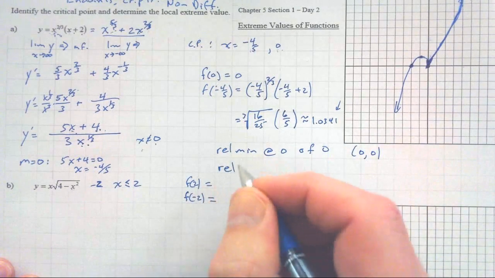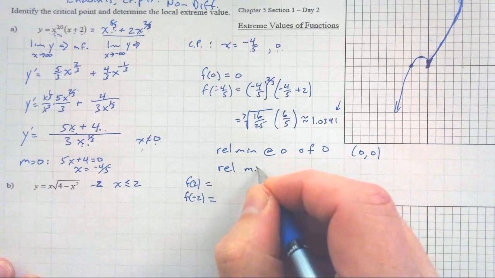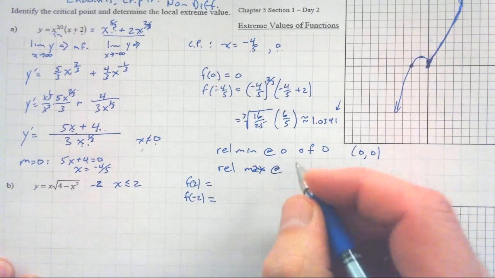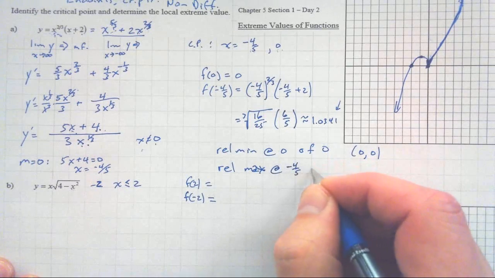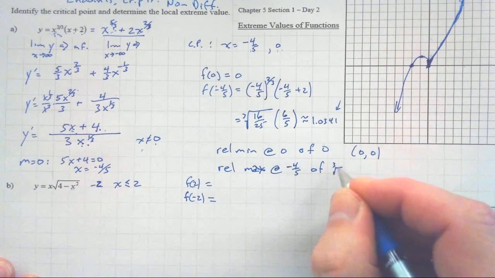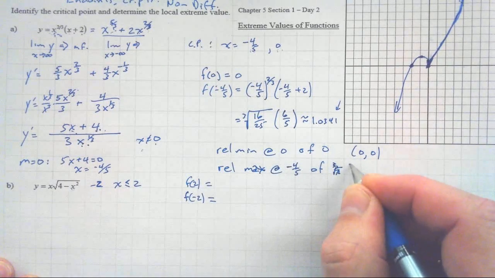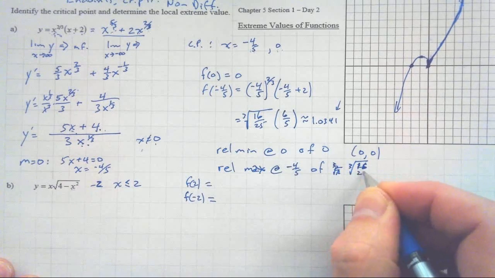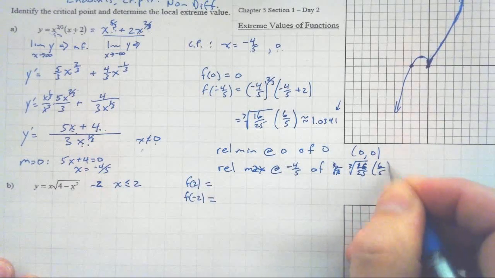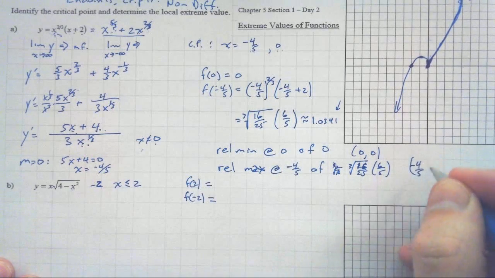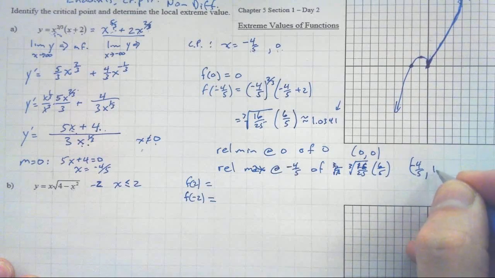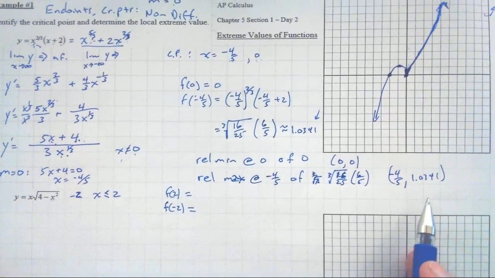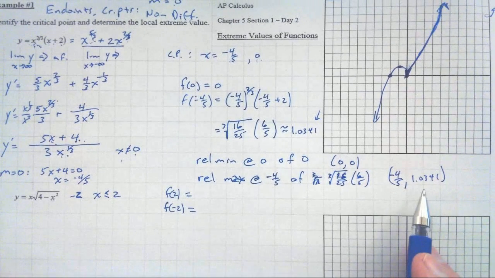We have a relative or local maximum (these could be called locals) at negative 4/5 of the third root of 16/25 times 6/5, or the point negative 4/5, approximately, what do we decide, 1.0341. I probably should round that to 3 decimal places. Okay, and we have no absolute max, absolute min.